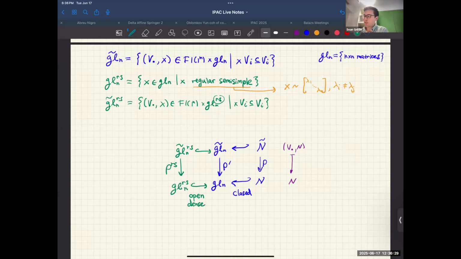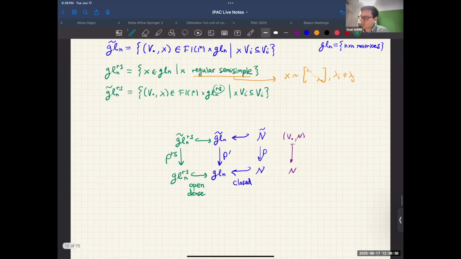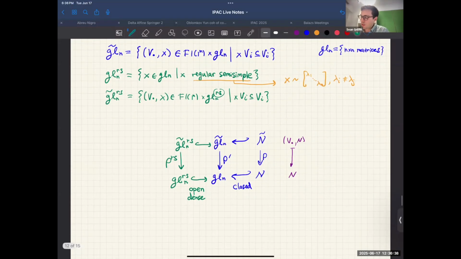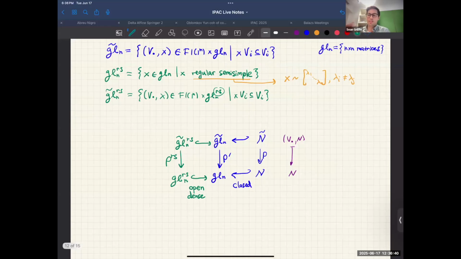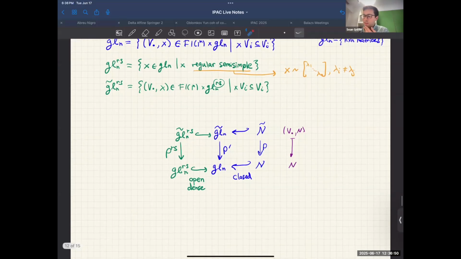So they make up almost everything. Every matrix is a limit of regular semi-simple ones. And almost as a consequence, almost every fiber here is like a limit of fibers over here because of this dense property.